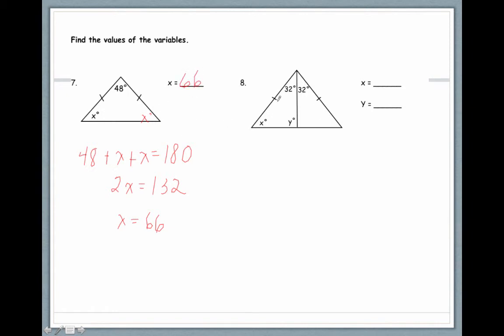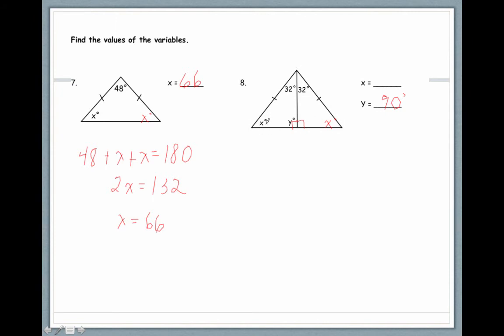Okay, so over here we have isosceles again, which means this is x. Because this is isosceles, and this is split too, that means that this is a right angle in both cases. Y is 90. Anytime you drop a vertical line, you end up perpendicular.